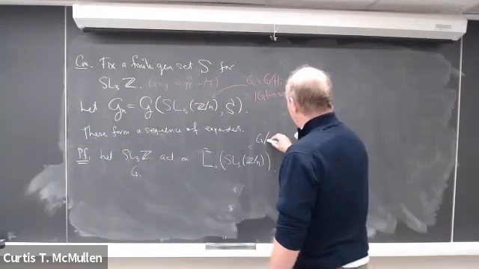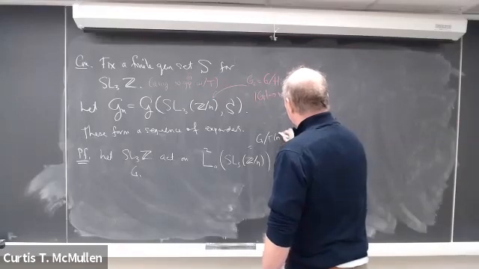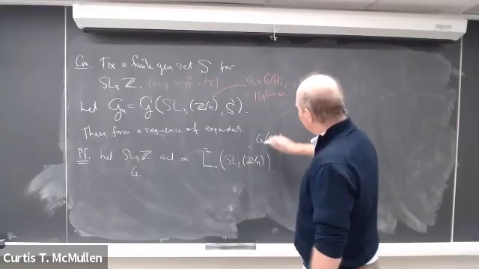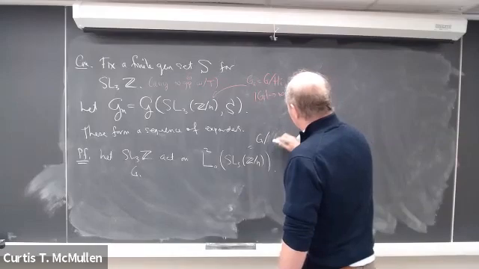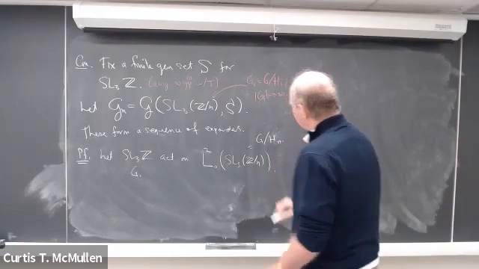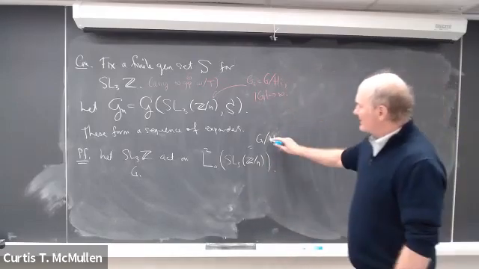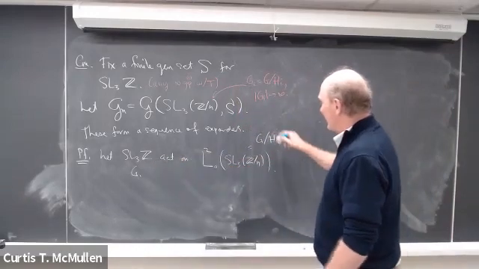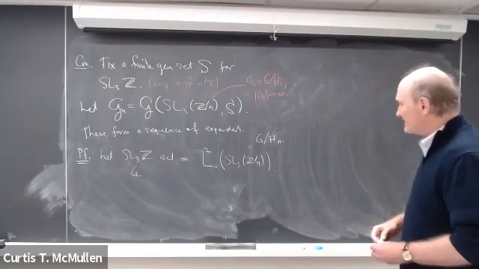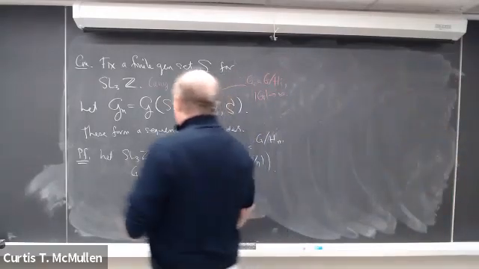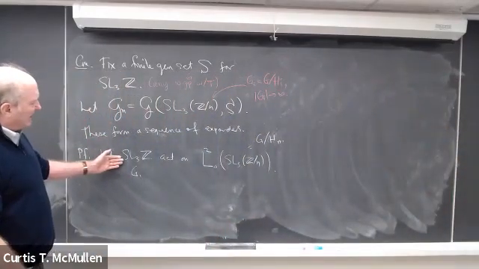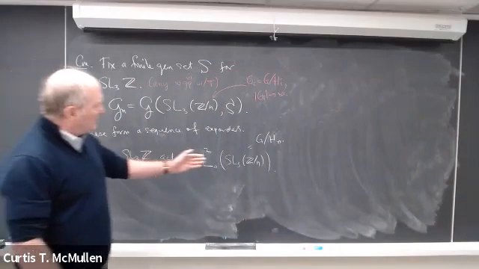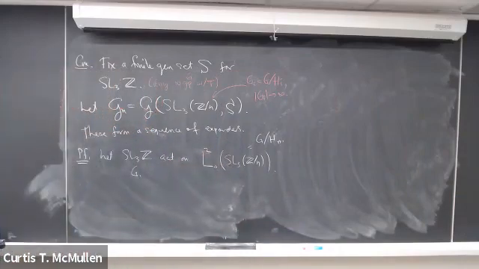In fact, it's by what's usually called gamma of n. Sorry, let me just call it H of n. Anyway, this is a finite homogeneous space for this group. So of course it acts by left multiplication here. And this group has property T. And so this representation has property T.